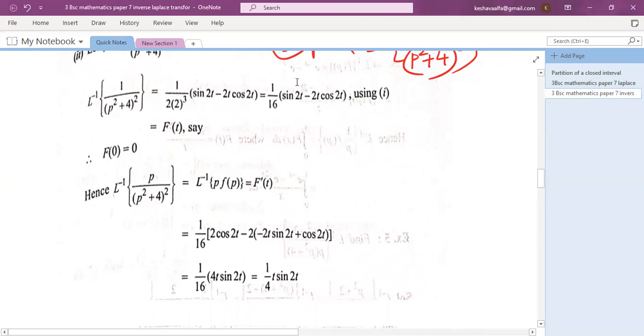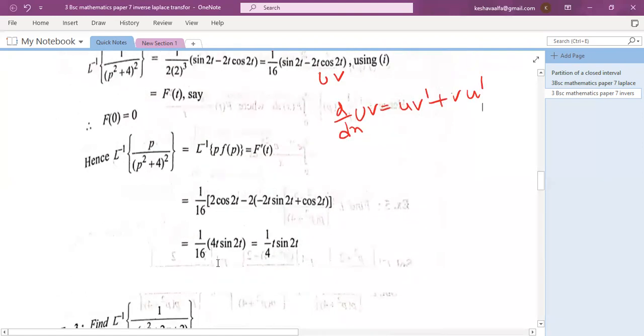Just differentiate this f of t. That is 1 by 16, sin 2t differentiation is cos 2t into 2, so 2 cos 2t minus 2 into, using the product formula, d by dx of uv is equal to u v dash plus v u dash, t cos 2t. Its differentiation is t into minus 2 sin 2t plus cos 2t, t differentiation is 1.